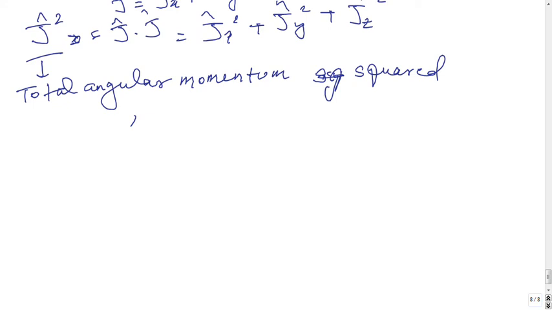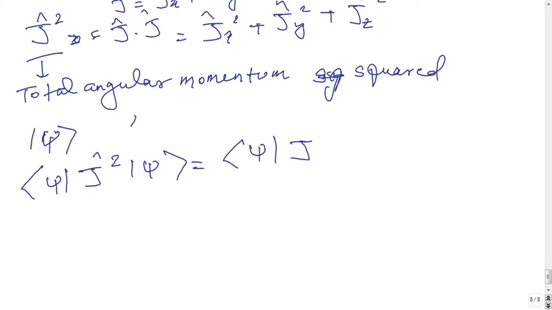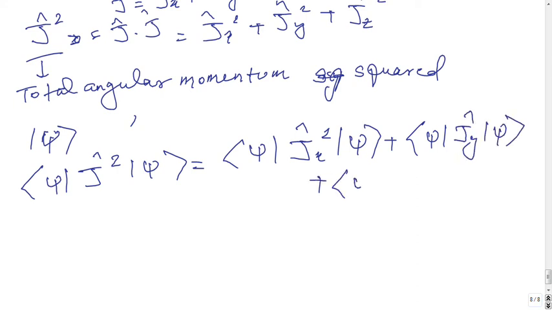So the first thing is that the J squared operator has non-negative eigenvalues. Let me prove that. If xi is any state, then the expectation value of the J squared operator is the inner product of xi with Jx squared xi, plus xi with Jy squared xi, plus xi with Jz squared xi.